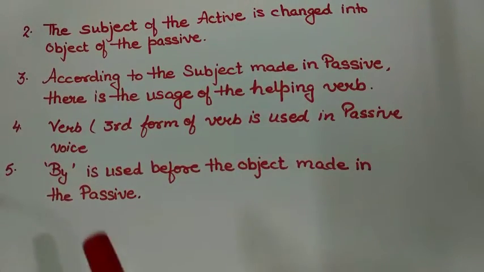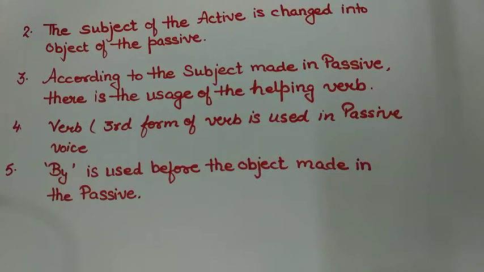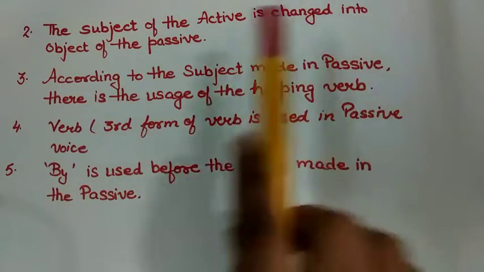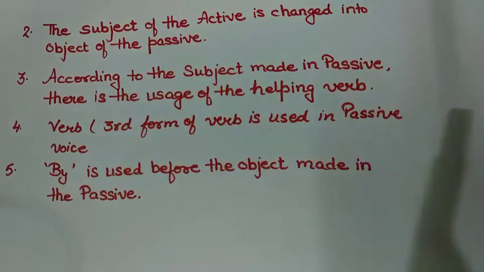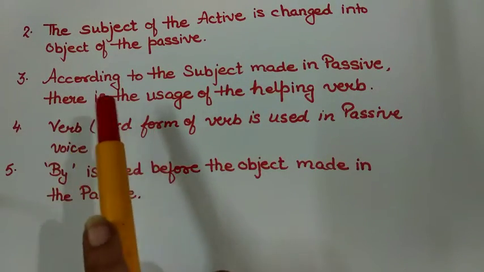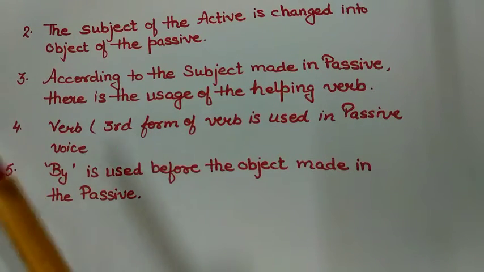Let us have a quick view of these basic things and then I will illustrate all these rules with the help of examples. See, the object of active is changed into the subject of the passive. We have just seen that. Next, according to the subject made in passive, there is a usage of a helping verb.